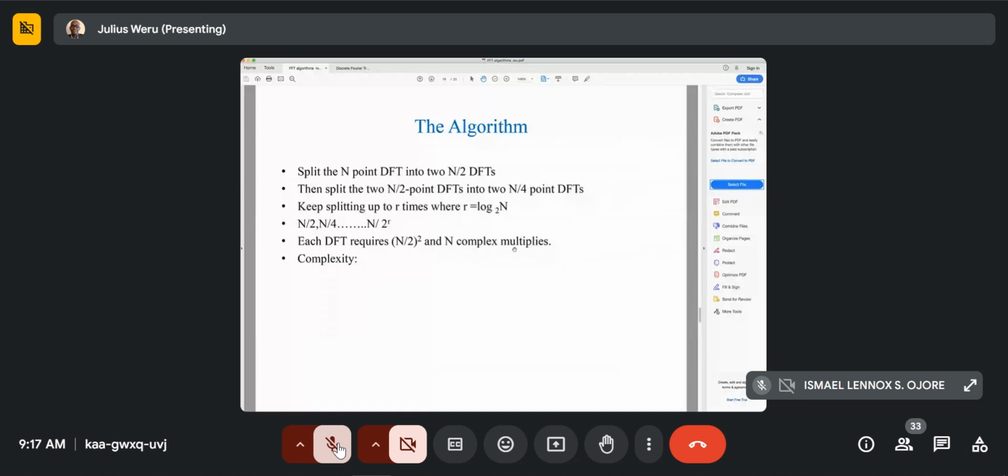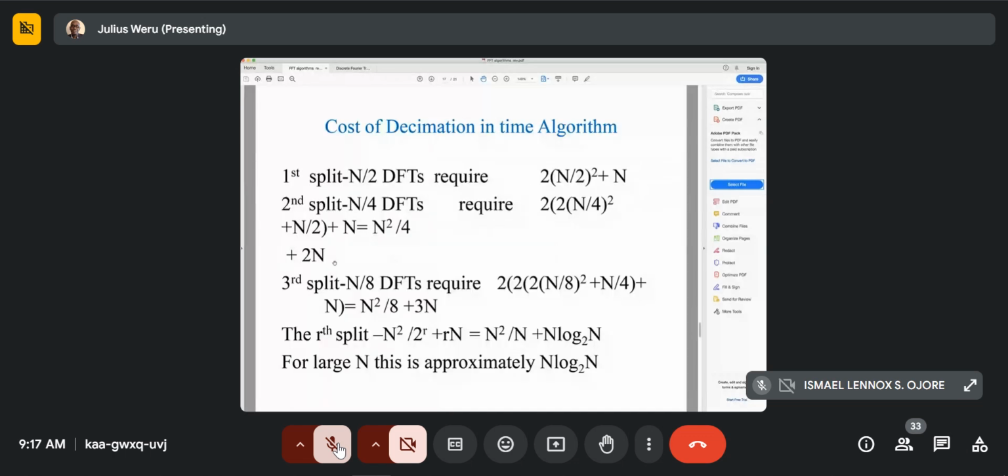So how do we check it? The first split requires 2 times n over 2 squared plus n. Whenever you split, you add n complex multiplies.